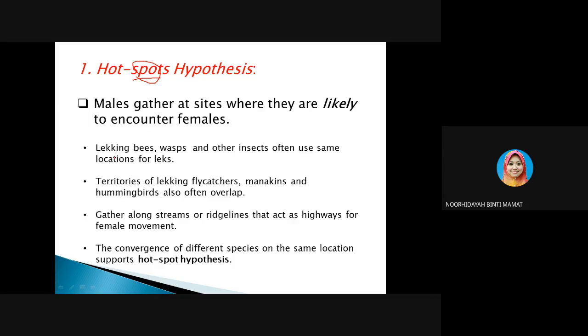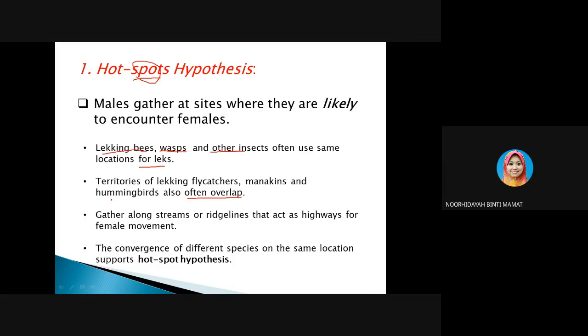For example, we have lekking bees, wasps, and other insects. These animals use the same location for lekking. The lekking territories of flycatchers, manakins, and hummingbirds also overlap.